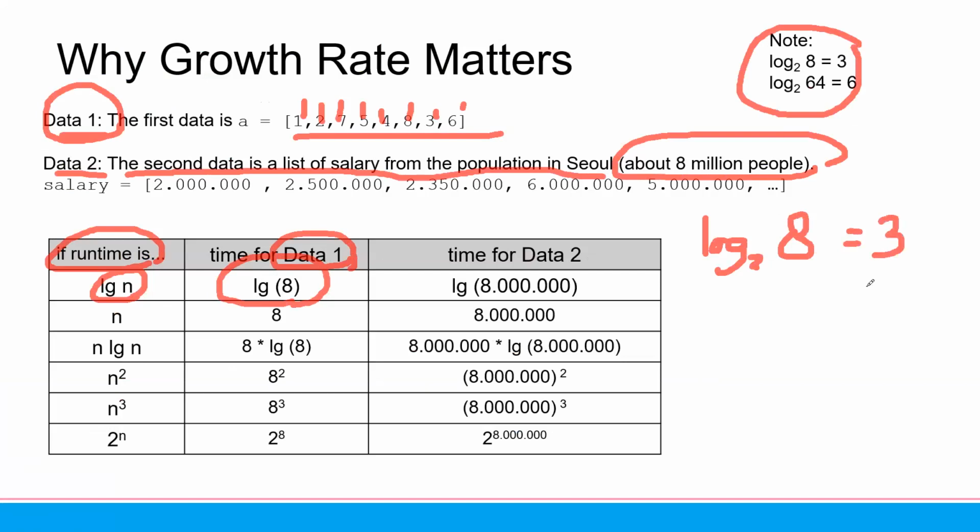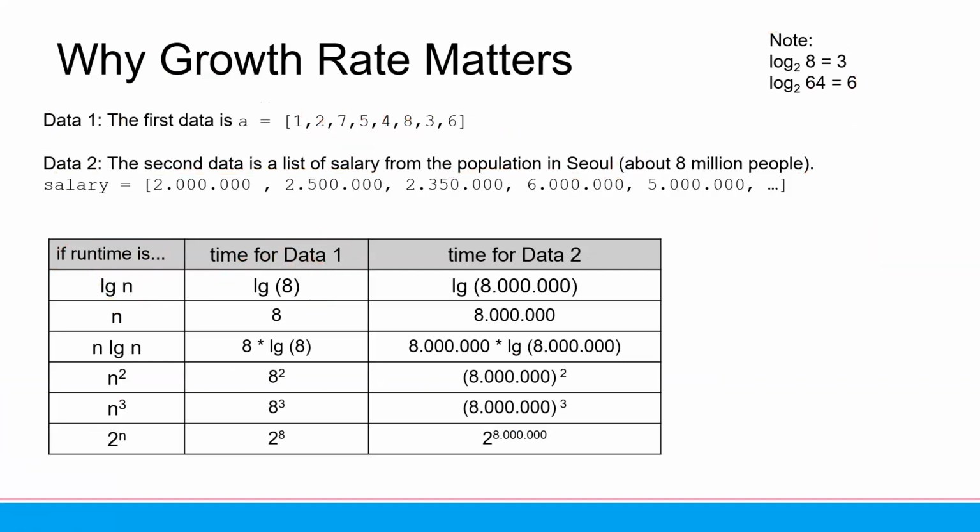Okay. Because we know that this log means we want to know the exponent. What is the exponent? So that the 2 power of some values equals to 8.